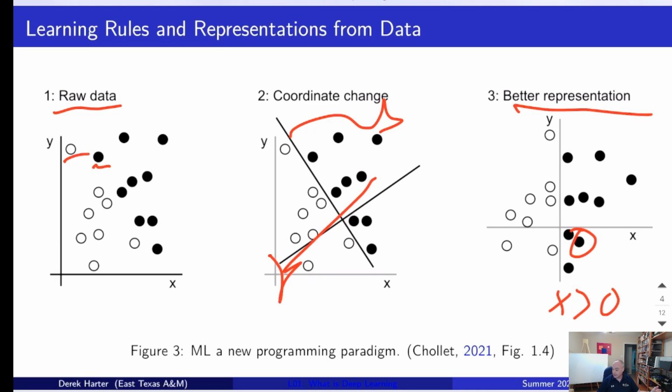And anything where the parameter x is less than 0, we should predict it's going to be in the white class. Okay? So that's the basic idea of what this particular type of machine learning is doing. You can think of it as transformations, coordinate changes in a high dimensional space in order to create better representations so that you can make finding or learning the rules easier. Okay?